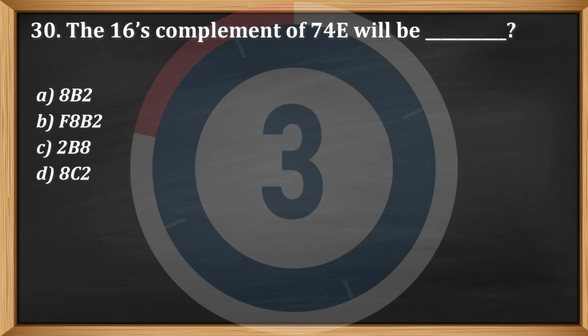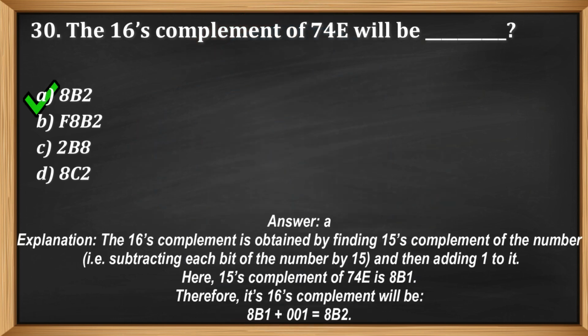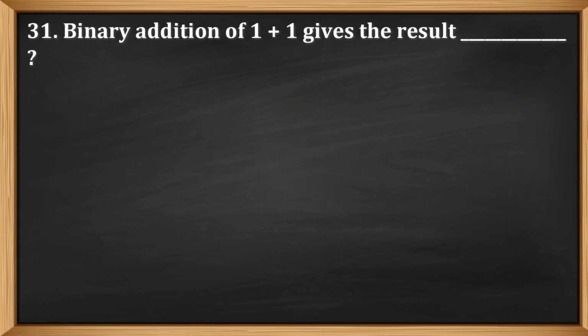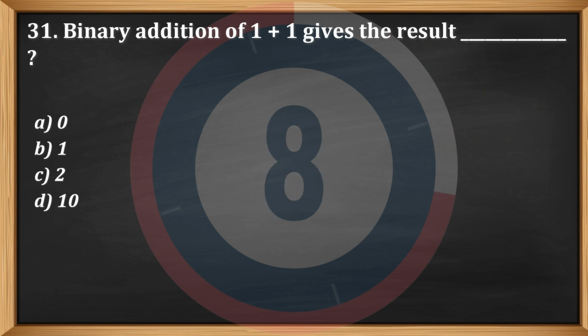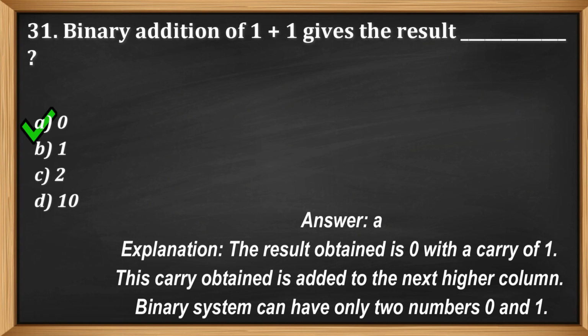The 16's complement of 74E will be option A, 8B2. Binary addition of 1 plus 1 gives the result option A, 0.